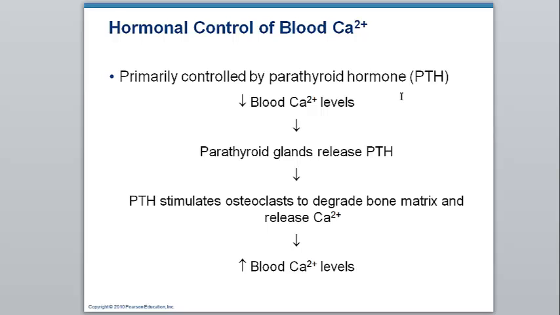In the bone, it activates your osteoclast cells and triggers the resorption of your matrix. With the help of lysosomal enzymes and acids, the osteoclast dissolves the bone matrix. The calcium salts from the bone matrix are dumped into the blood, raising your calcium levels in the blood, hence depressing the initial stimulus.